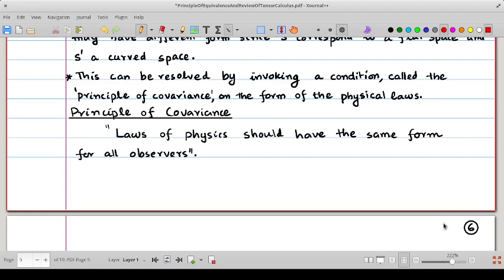And the second one is the principle of covariance, which demands that the laws of physics be formulated in the form of covariant equations. That means the laws of physics should have the same form for all observers. So in different frames of reference, they should have the same form, and therefore they should be written as tensor equations.